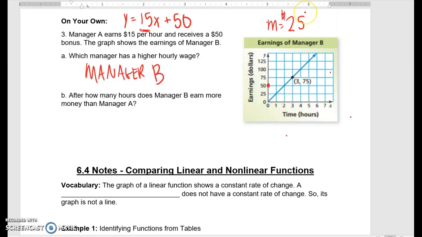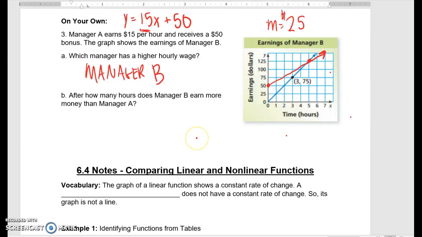And then we know the slope is up 15 over 1, but that wouldn't exactly fall on an exact dot. So what I'm going to do is I know if I multiply 15 by 5, I will get an exact answer. So I'm going to do 15 times 5, which is 75, and then plus 50, and you will get 125. So I'm going to connect those two dots as best as I can. So this point right here is 5, 125. I plugged in the 5 into my equation.